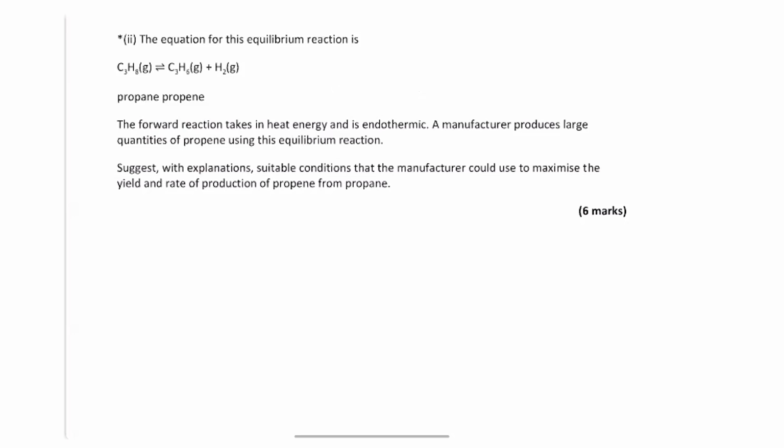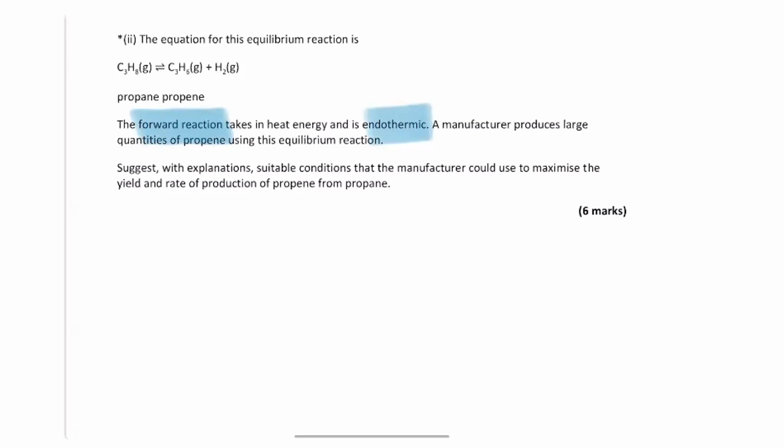So there is a lot to unpick in this question. The forward reaction takes in heat energy and is endothermic. So our forward reaction is endothermic. We need to produce propene using this equilibrium reaction. Suggest.